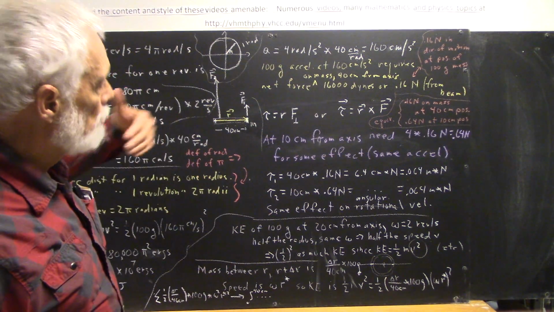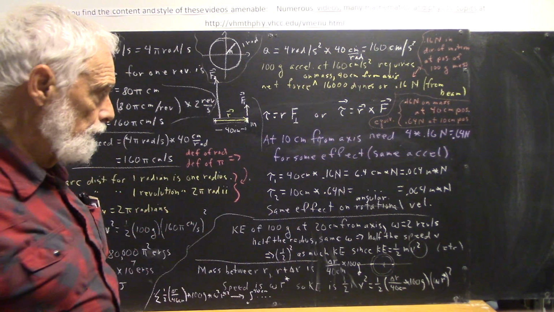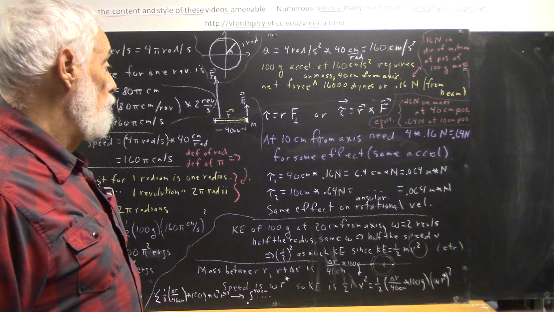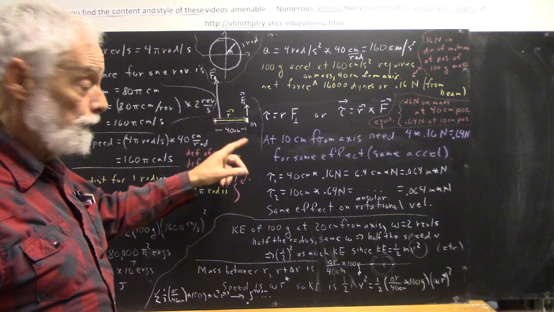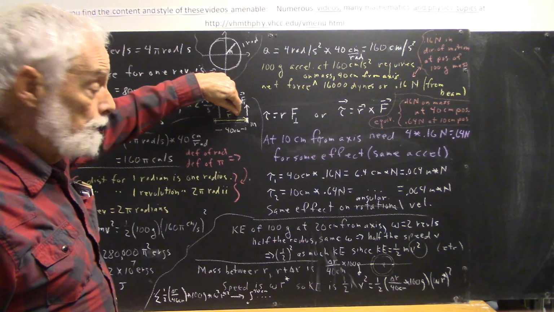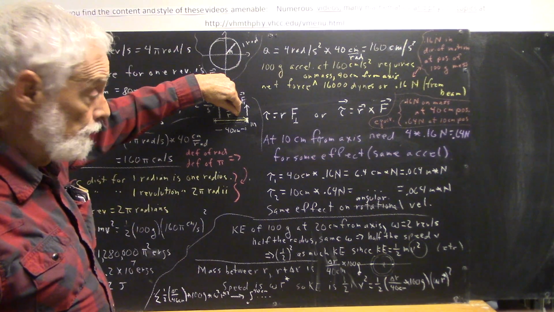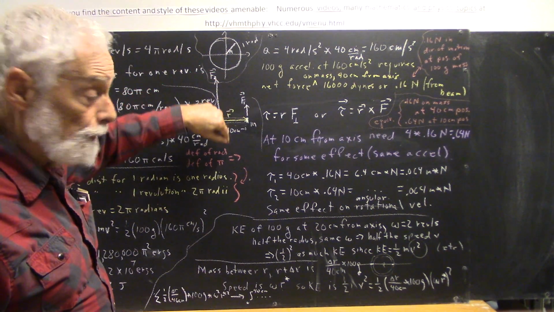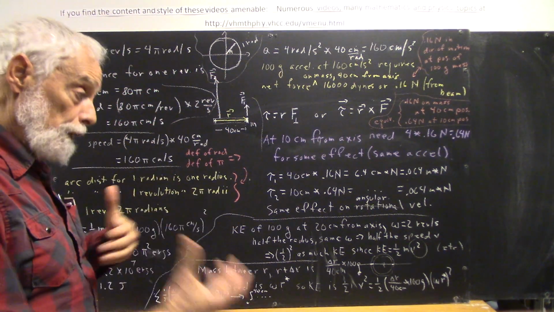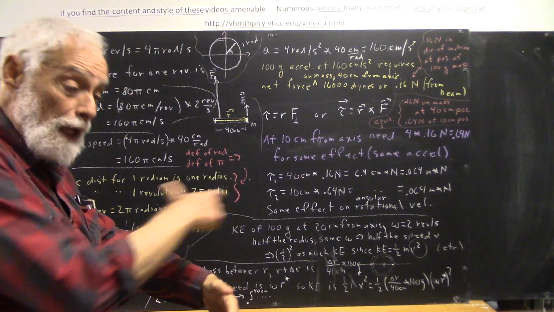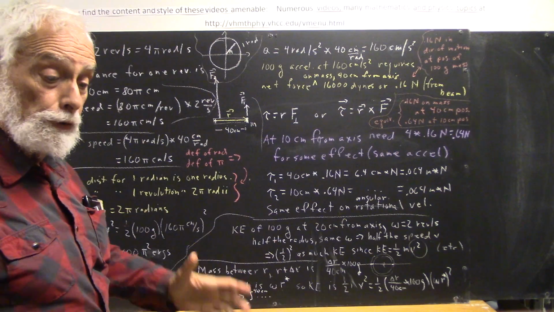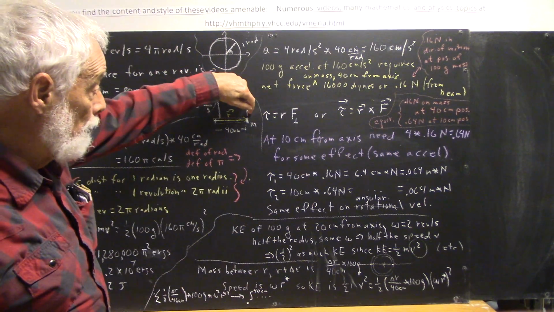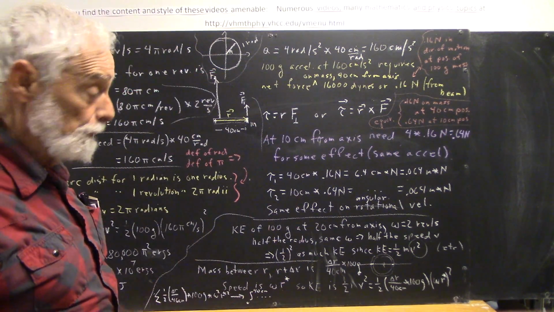We also were asked, and we talked about it in class, we didn't write it out, but what would the kinetic energy be at 30 centimeters if a 100-gram mass was positioned at 30 centimeters here? Well, that would be 3/4 of the 40 centimeters, so the radius of the path followed by that 100-gram mass would be 3/4 of the radius of the path followed by this one.